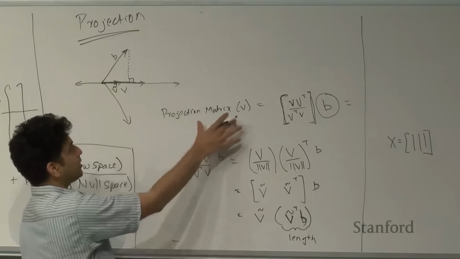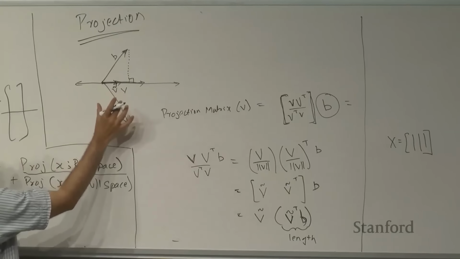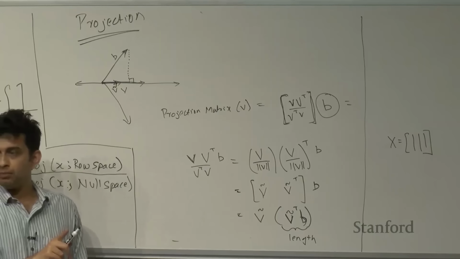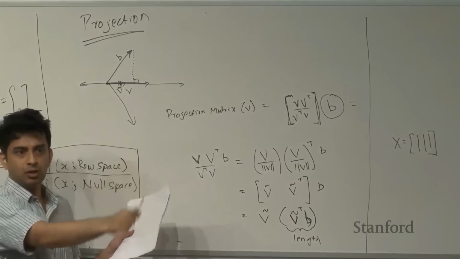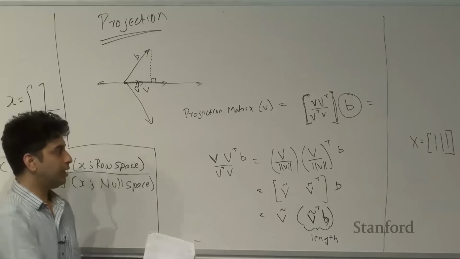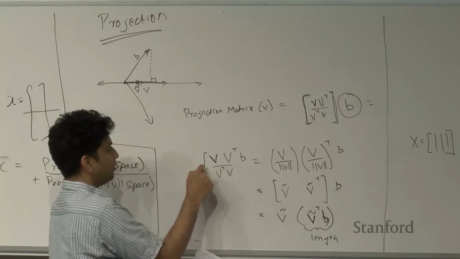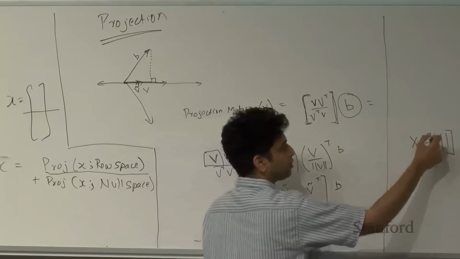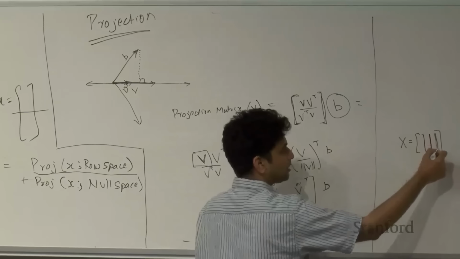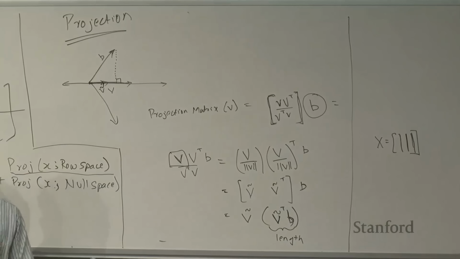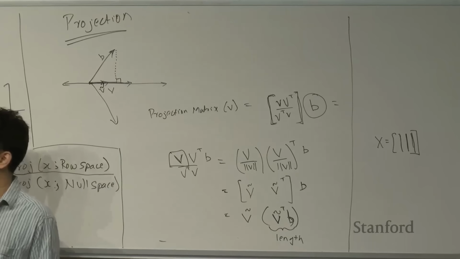In this case, it was a subspace with just one vector. But if we want to project B onto a subspace spanned by multiple vectors, then in place of V, we're going to use some matrix X whose columns are precisely a set of vectors which make up the subspace. Yes, question?